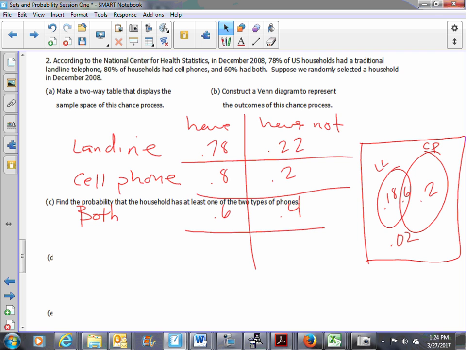Okay, it says find the probability that a household has at least one of these two types of phones. Well, the easiest way to do that would be to look at the Venn diagram here, and everyone except this 2% are inside one circle or the other, so the probability that the household has at least one of the two types is 98%.